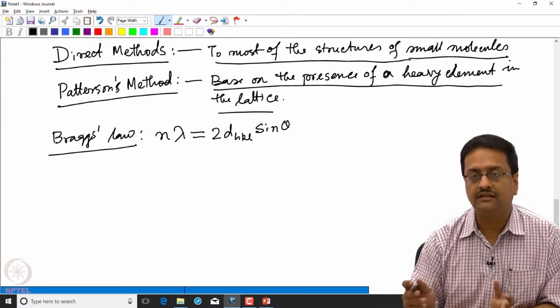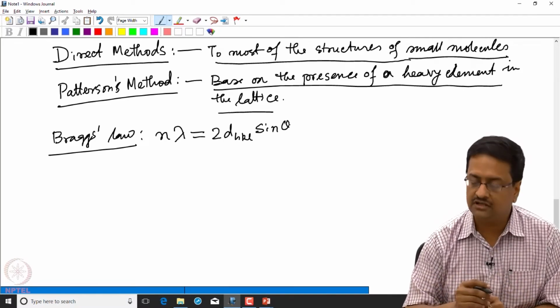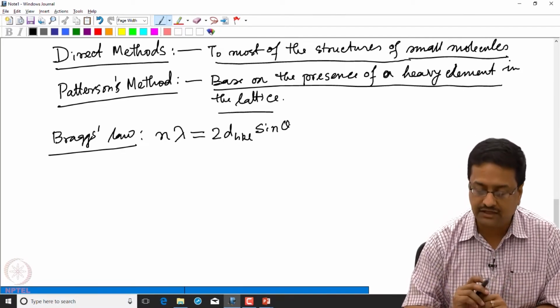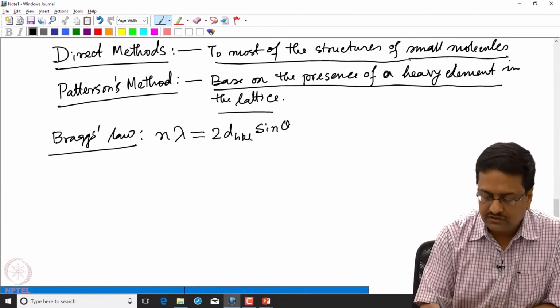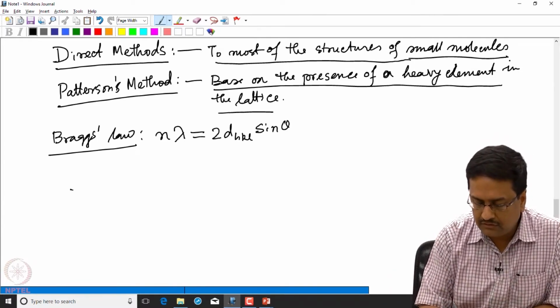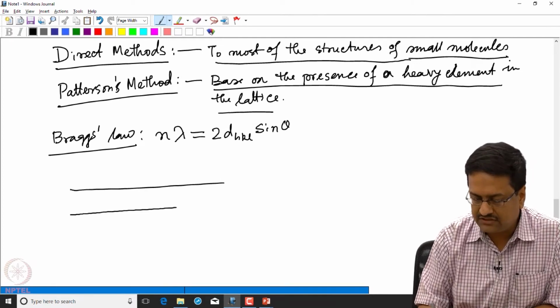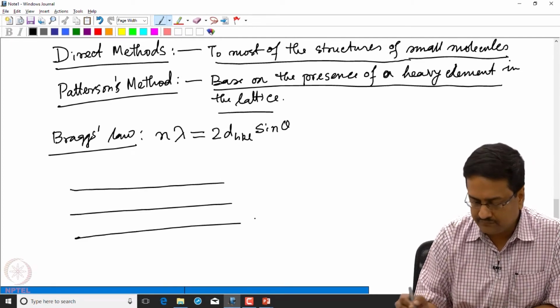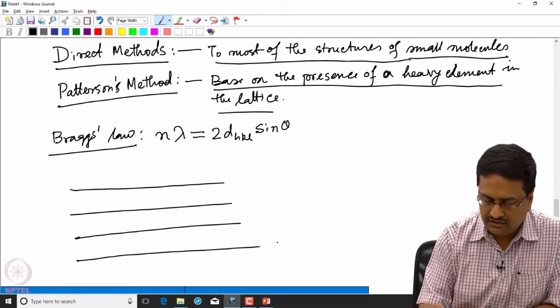So when the path difference in the diffracted beam is an integral multiple of the wavelength, you get a diffraction.